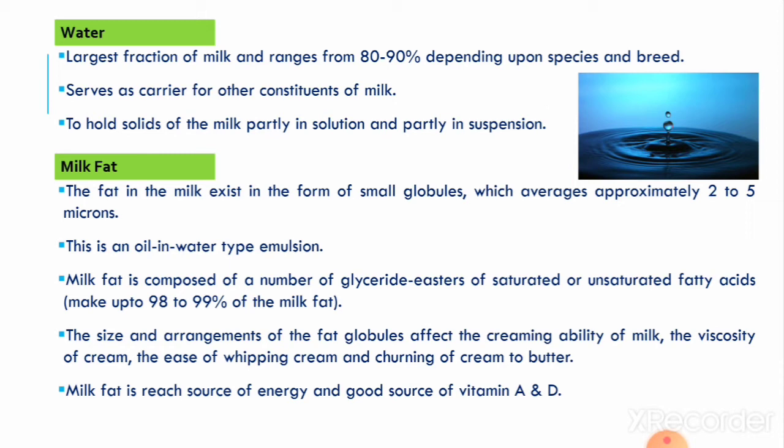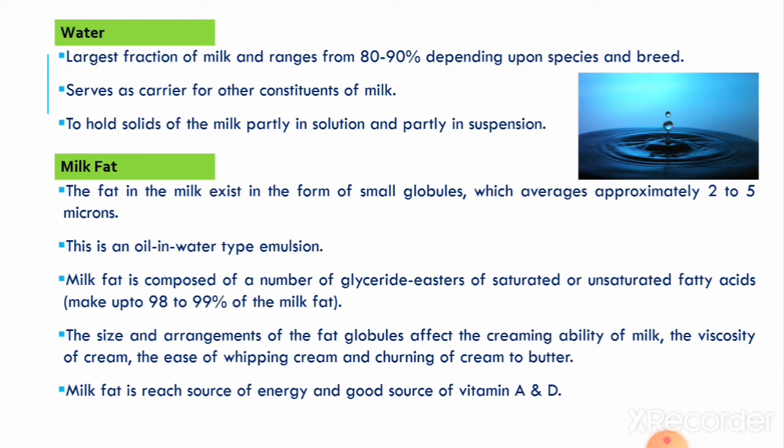The next milk constituent is milk fat. The fat in the milk exists in the form of small globules which average approximately 2 to 5 microns. Fat is an oil in water type emulsion. Milk fat is composed of a number of glyceride esters of saturated or unsaturated fatty acids.